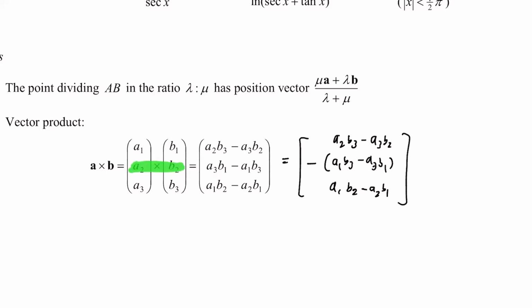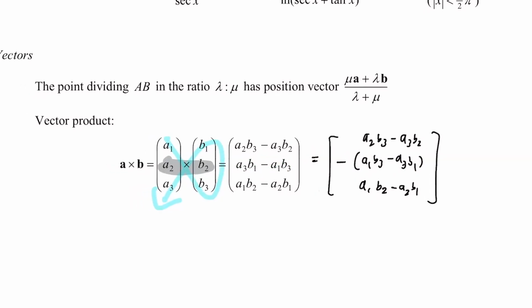To get the second row, you cover up the first row, and then you crisscross like that. A1 times B3 minus A3 times B1, and then bracket, put an extra minus. I think it's easier to remember that way instead of this version.